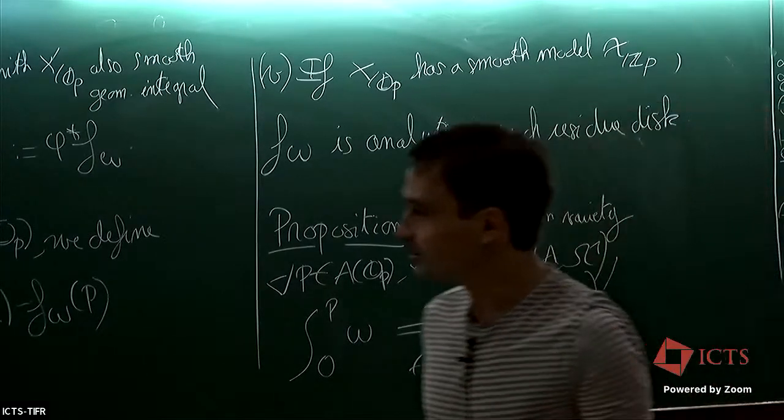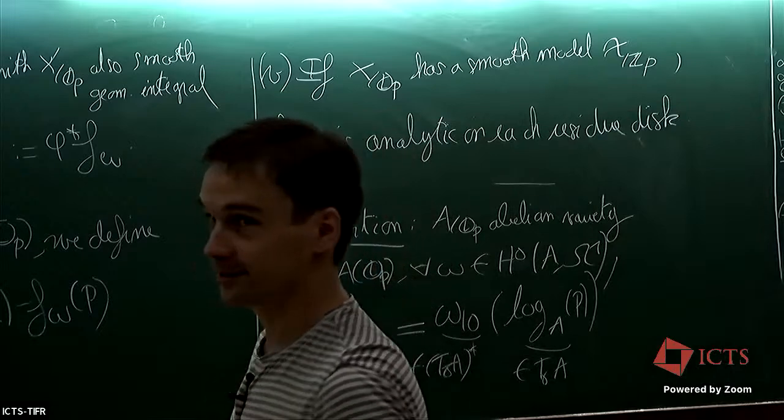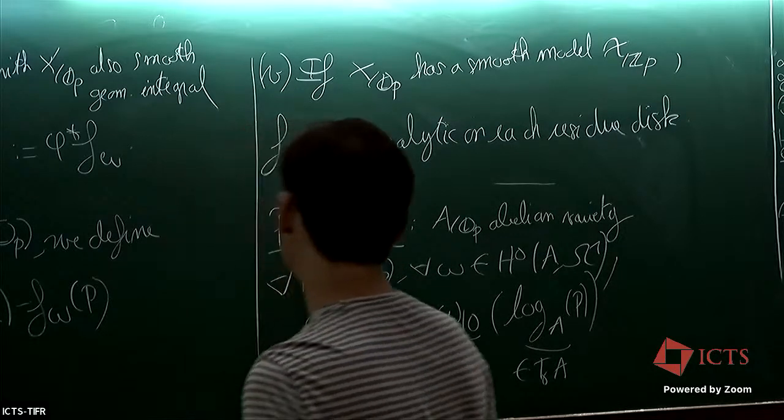Okay, so I could say at least that in the case of abelian varieties, I already know what integration should be.